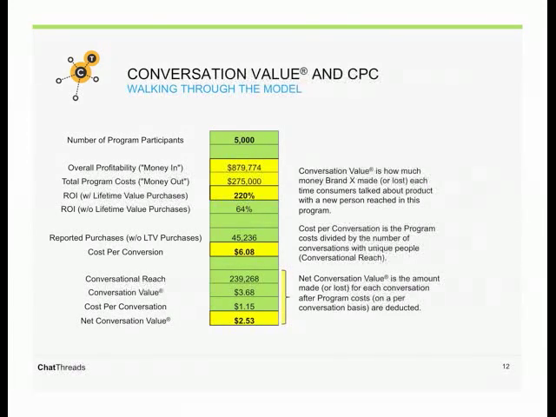But the brand had to spend $1.15 to generate each of those conversations. So the net conversation value is $2.53. So what this really does is help you determine what a specific value is for a conversation. And if there's a positive conversation value, then that is another indicator that this was a program with a positive ROI.